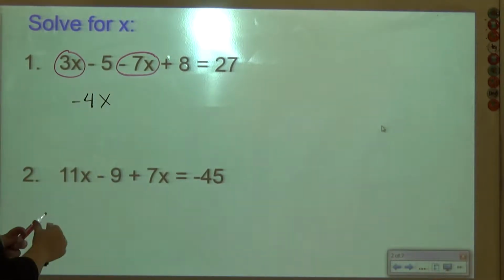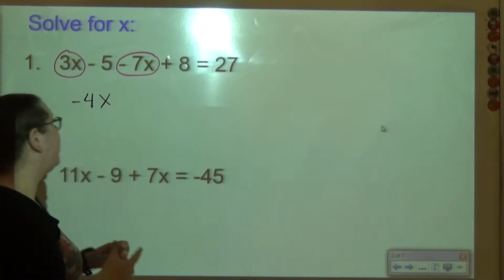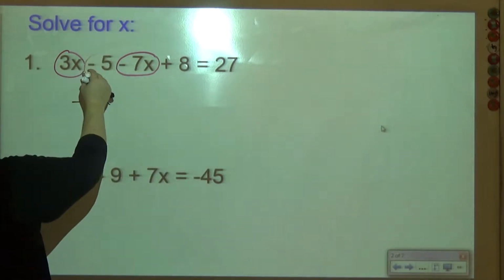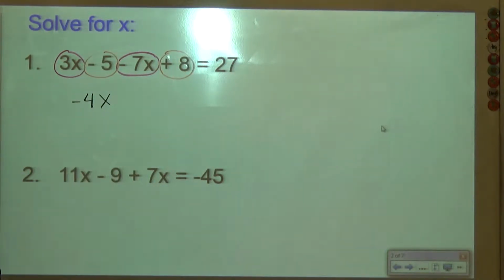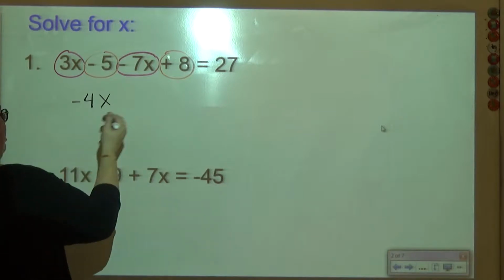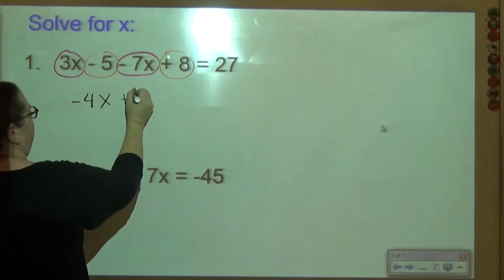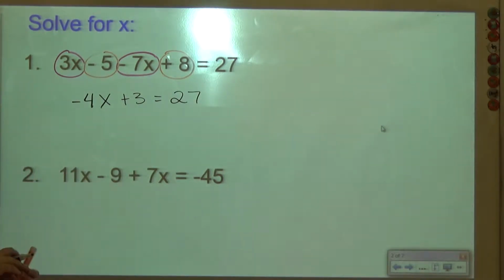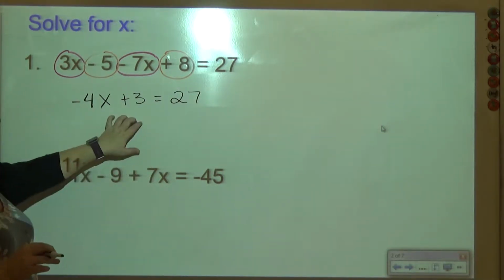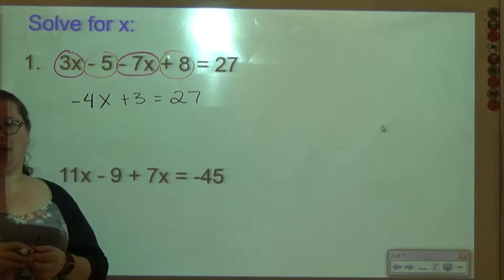And then look at the next term. I've got negative 5 and a positive 8. Put those together and you get positive 3. Once we do that, we're now at a two-step equation that we know how to solve.